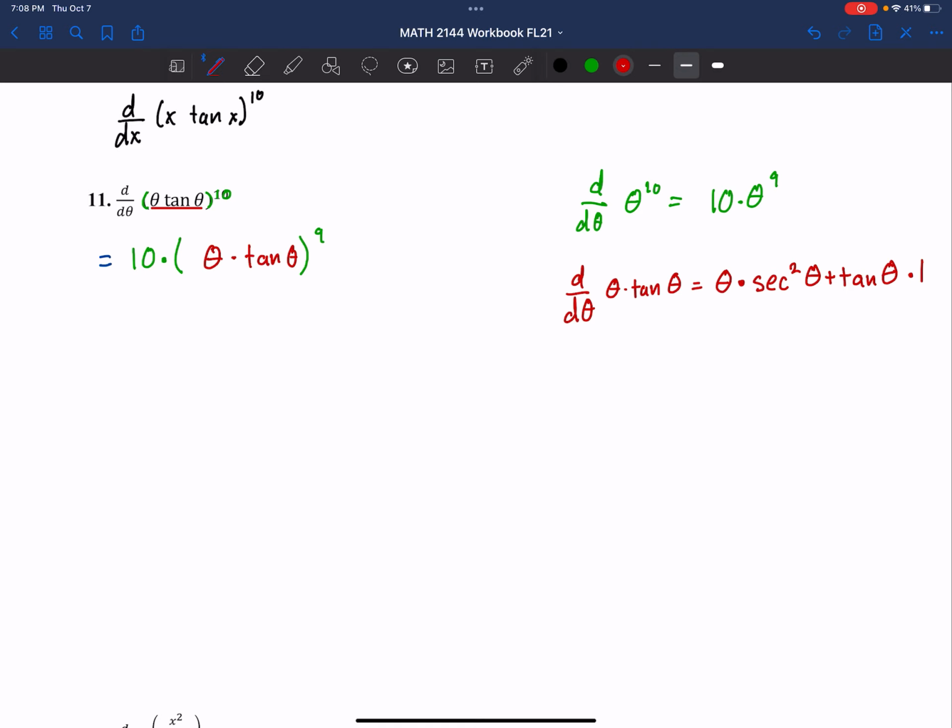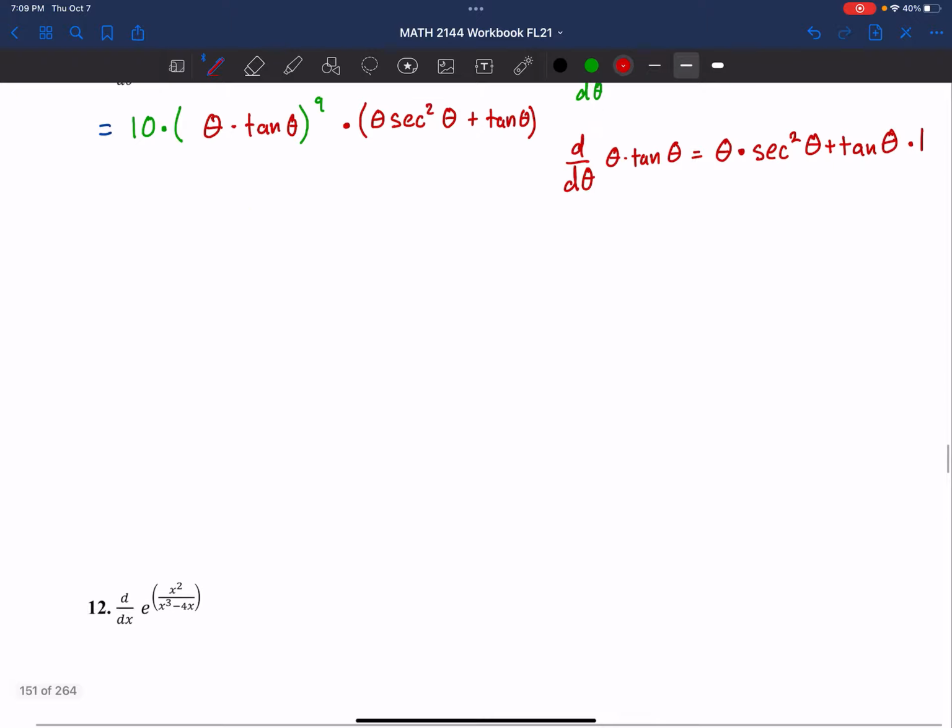And then we are going to also need to multiply it by the derivative of the inner. So the inner, its derivative has a sum, as we can see right there. So I'm going to just put parentheses, and then this is going to be theta times secant squared of theta plus tangent of theta. All right, so that was us using the product rule inside the chain rule.